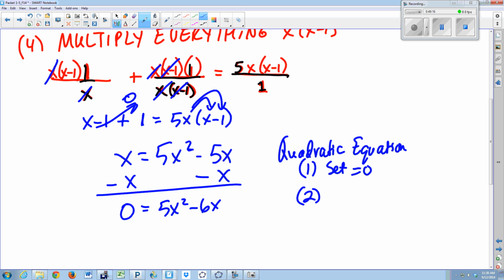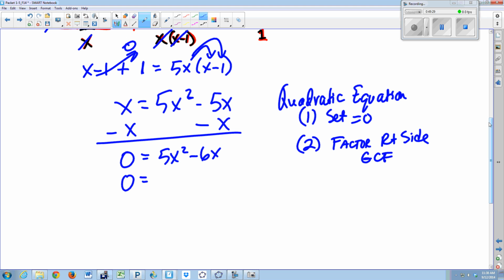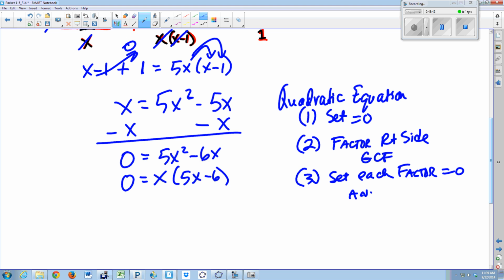Now, in order to solve this, we factor the right side of the equation by finding the greatest common factor. And what is the greatest common factor here? X. So we pull the x out and we get 5x minus 6. And now we set each factor, we have 2 of them, equal to 0 and solve.